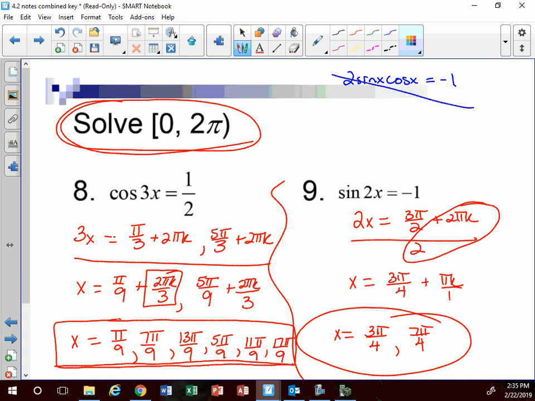If this method doesn't work, if you have sines and cosines, you kind of want to get to just one or the other. That's usually when you have to use a formula. Let me show you one more thing on the calculator with this.